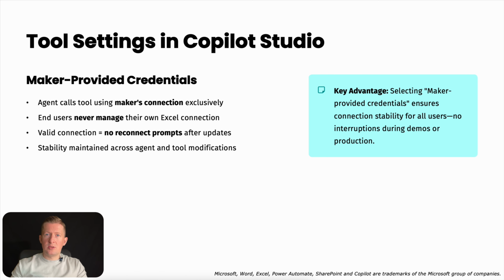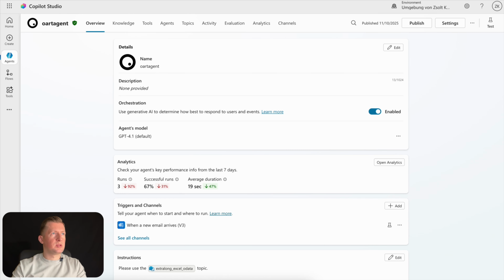The key advantage of this setting is the connection stability: there are no interruptions during demos and productions, because the maker's credentials are always used to reach the files, SharePoint, Excel, Outlook, and so on. Let me show you how it is managed in Microsoft Copilot Studio.